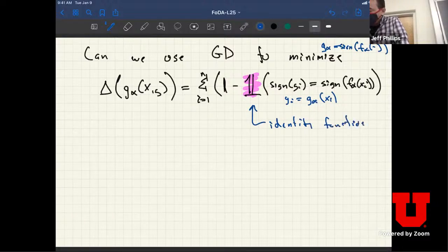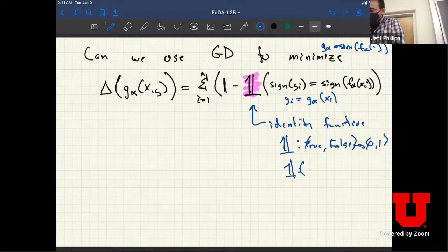If you haven't seen this before, it takes in binary values, say true, false, and maps them to 0, 1, where it's equal to 1 if true and 0 if false.